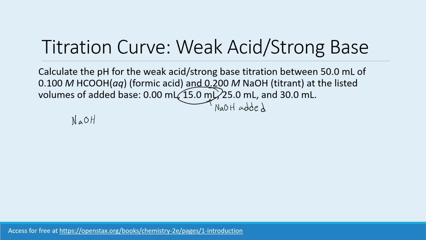Right, again, because the volumes are changing as we're adding and reacting things, we need to find everything in moles, plus our BCA table tends to be in moles. So we're going to take the 15 milliliters of sodium hydroxide and convert that into liters, which gives us 0.0150 liters. Multiply that by the concentration of the sodium hydroxide in order to get the moles.